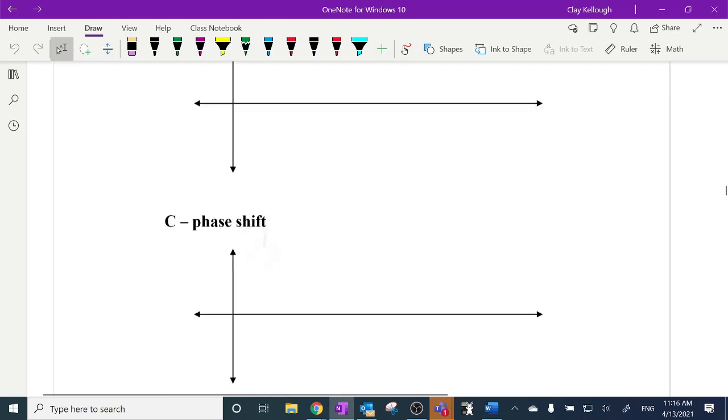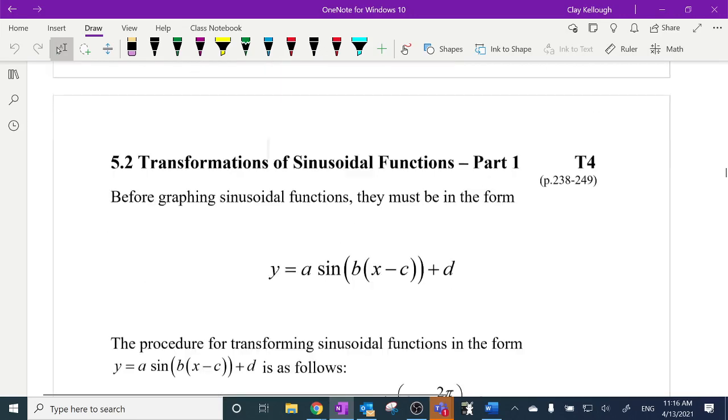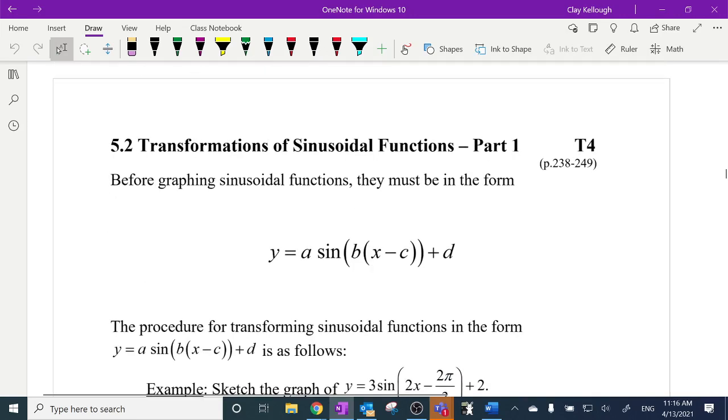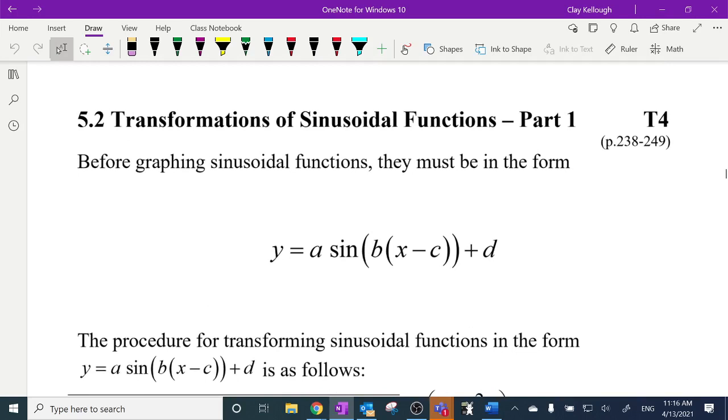Part 1. All right. Do these letters look familiar? A, B, C, and D. Each one represents a transformation just like they did back in Unit 1. So, what transformations do they represent?